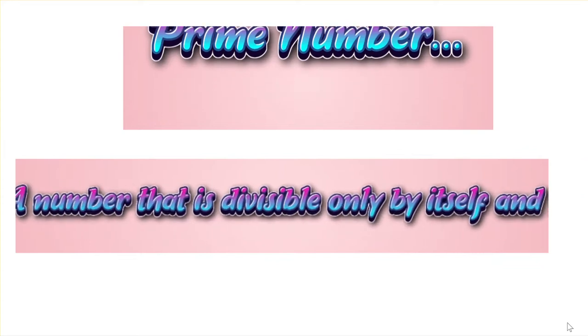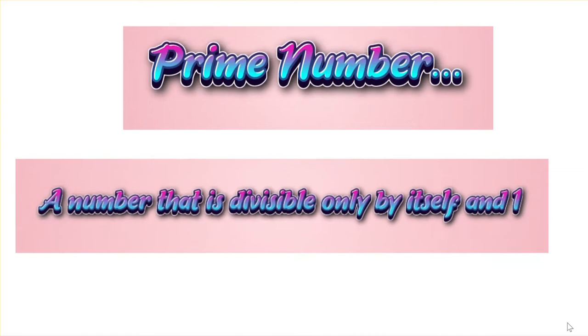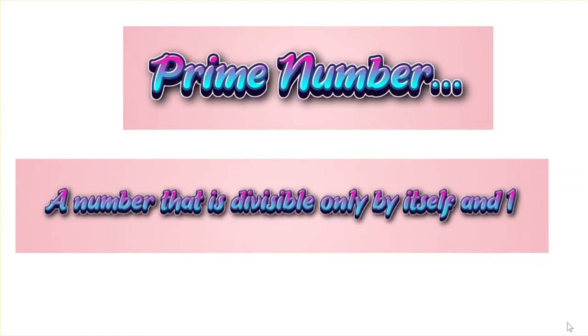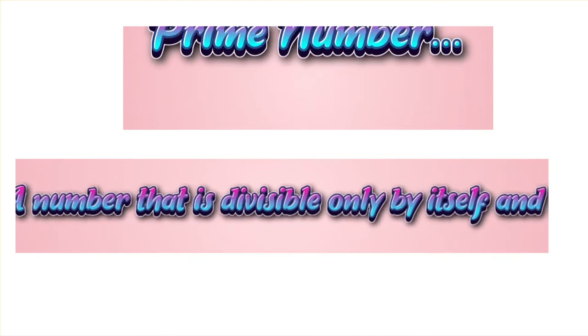Louder! A number that is divisible by itself and one. What do we call it? It is called a prime number. It's a number that is divisible by itself and one.